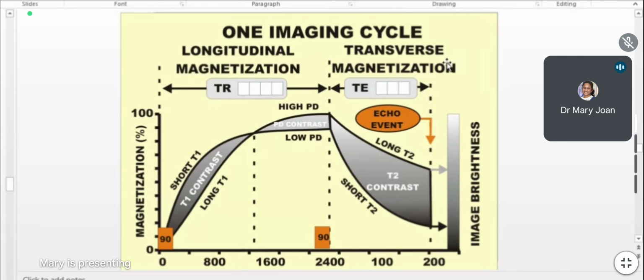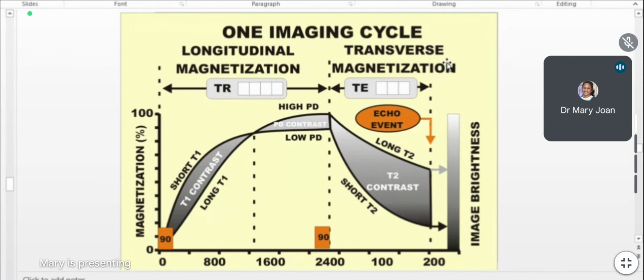Then we apply the RF signal, and it gets disturbed. Whichever protons are at the same frequency as the applied RF signal will gain energy. When the RF signal is off, the energy received goes back, and the protons get aligned with the initial applied magnetic field.